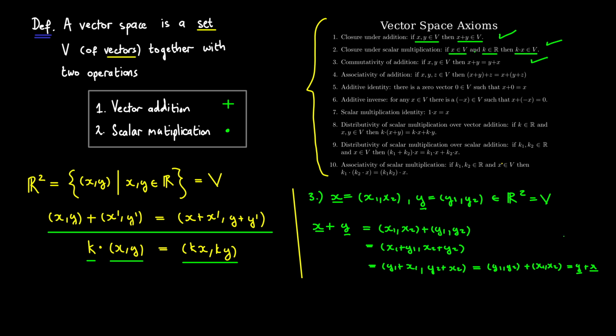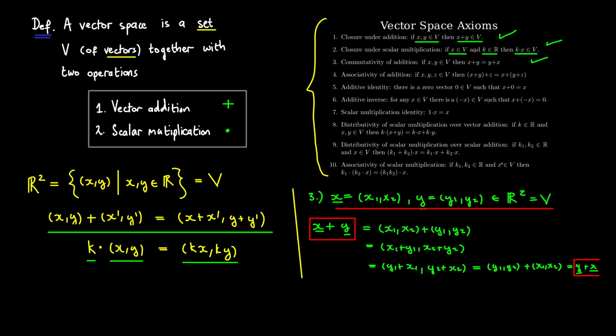And so what we've shown here is that if I take any two vectors, x and y, in my vector space, and I add them in this way, then it's the same as if I add them in this way. Okay, so that just shows you why this axiom 3 holds. It's very easy to check. You can check the rest of the axioms yourself, and they all will follow quite easily.